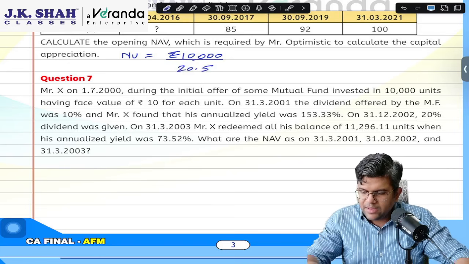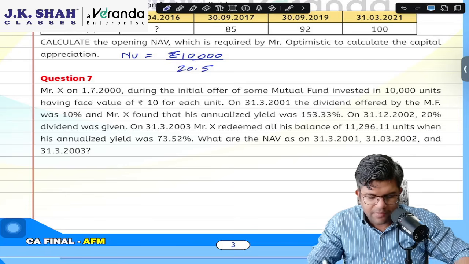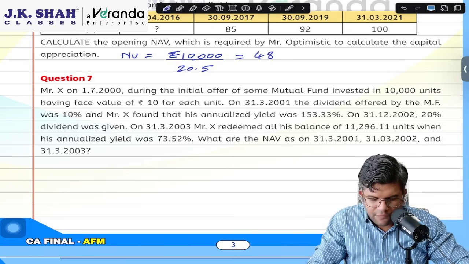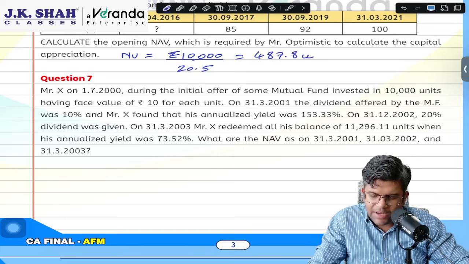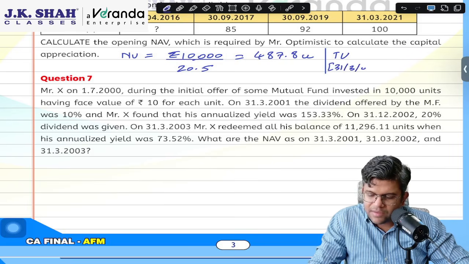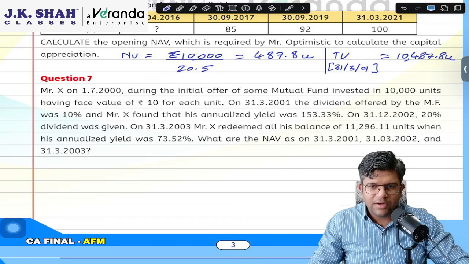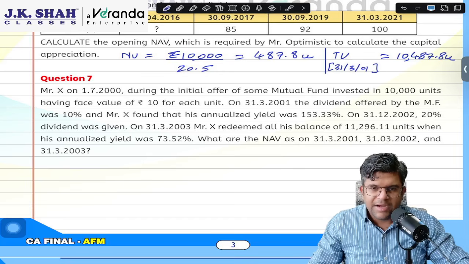I will take the calculator. 10,000 divided by 20.5 equals 487.8 units you will get new. So the total units on 31/3/2001 will be 10,487.8. Give me a yes. You understood this? Additional units that you're getting. Okay.